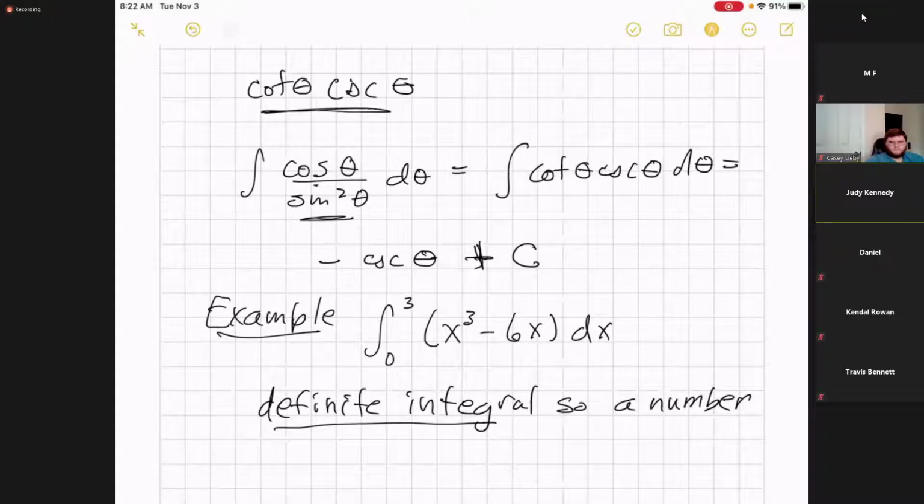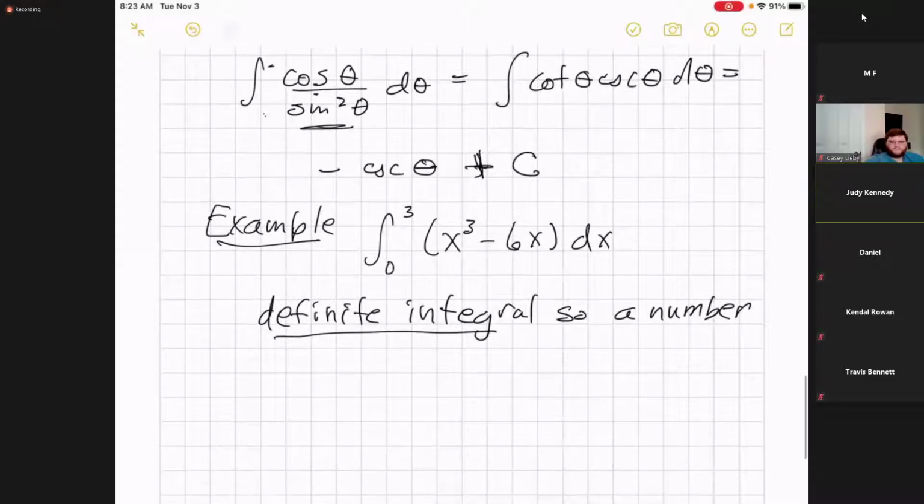If we have no numbers, like in the previous problem, it's an indefinite integral. If we do have numbers, it's a definite integral. Okay, so this one, again, it's a sum of two functions.